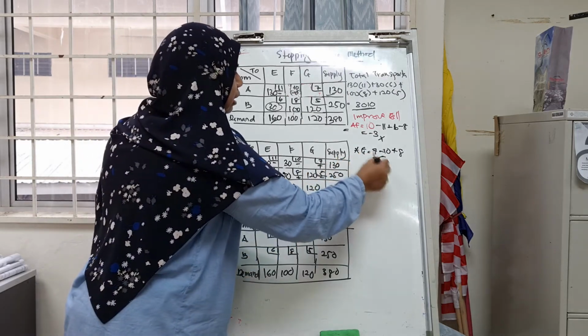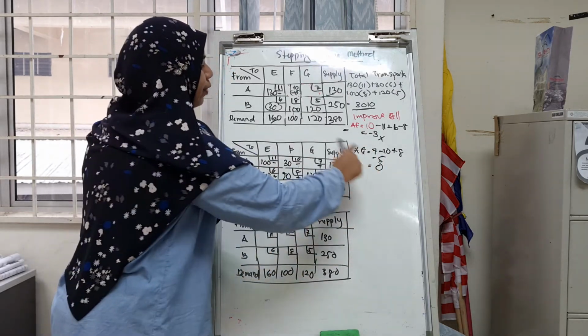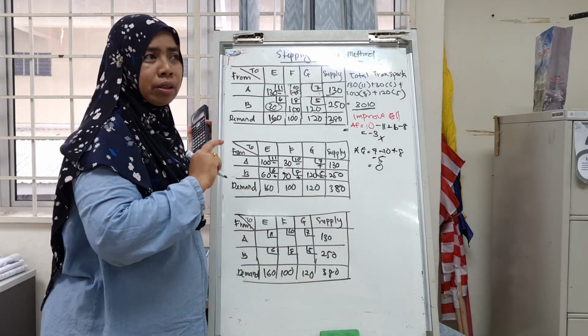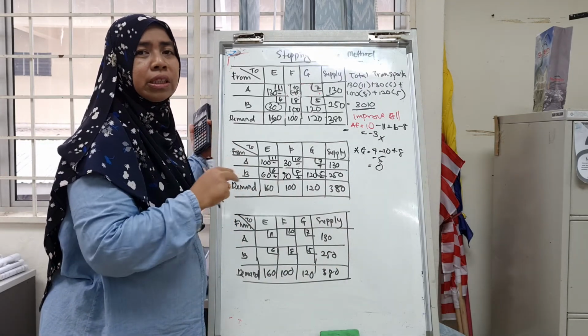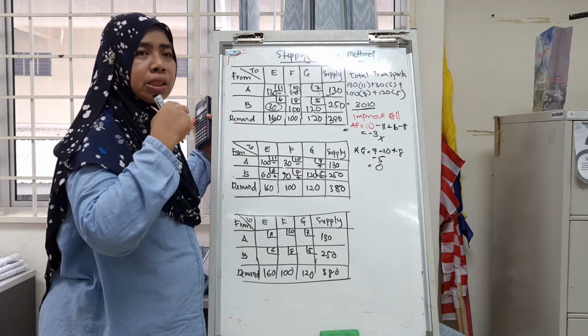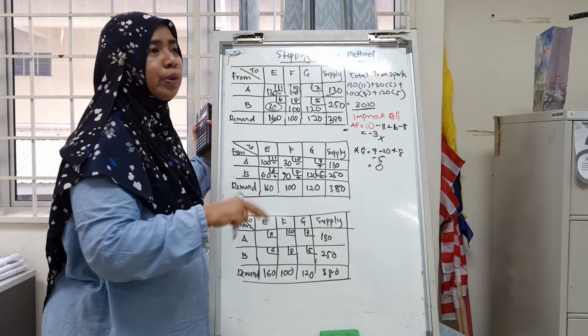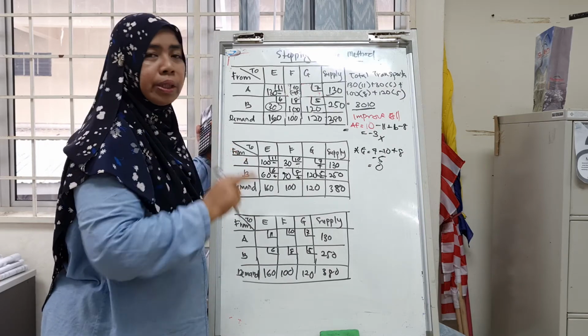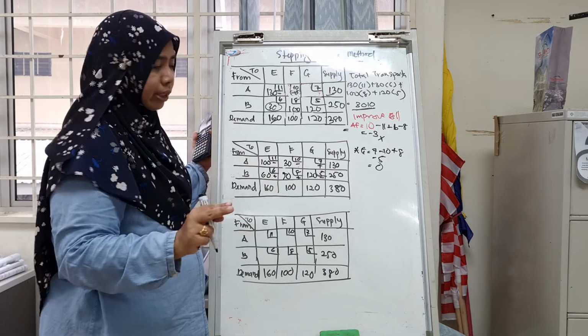So the answer is 0. If the answer is 0, the process is enough already. If the answer is positive or zero, you don't improve that cell, it is enough already.